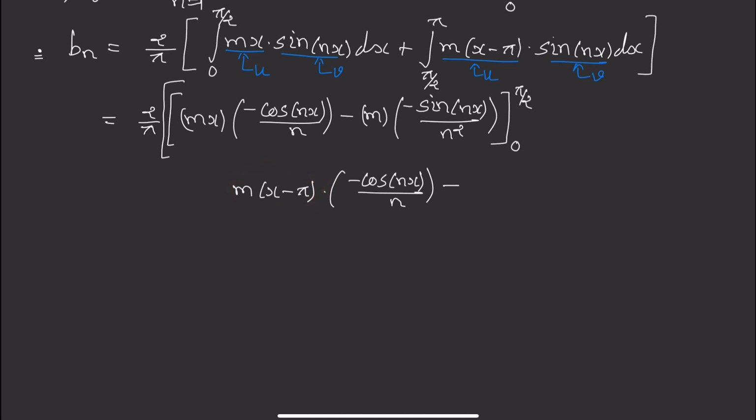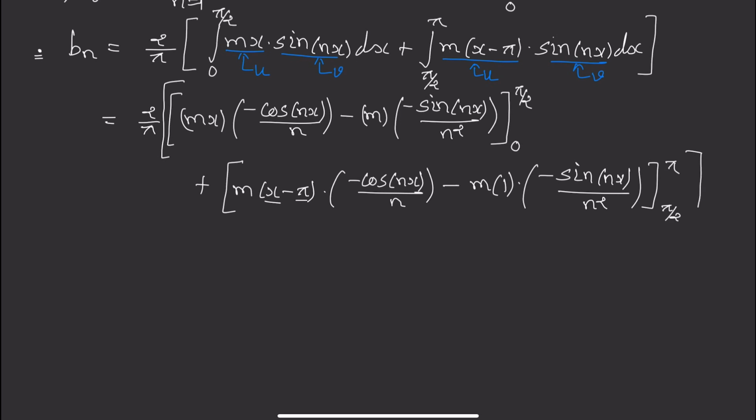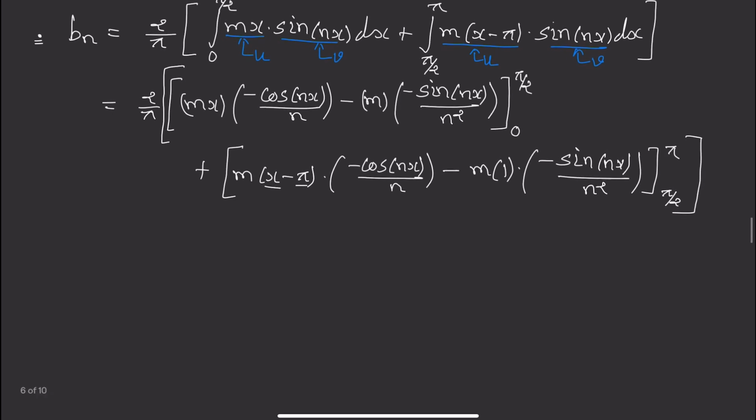What is the derivative of the bracket? It is just m. Derivative of x is 1, derivative of pi is 0, so it is 1, into integration of this bracket. What is that integration? Minus sine nx upon n square over the limit pi by 2 to pi, and in between we have plus sign. Close the main bracket. Now let us substitute the values.